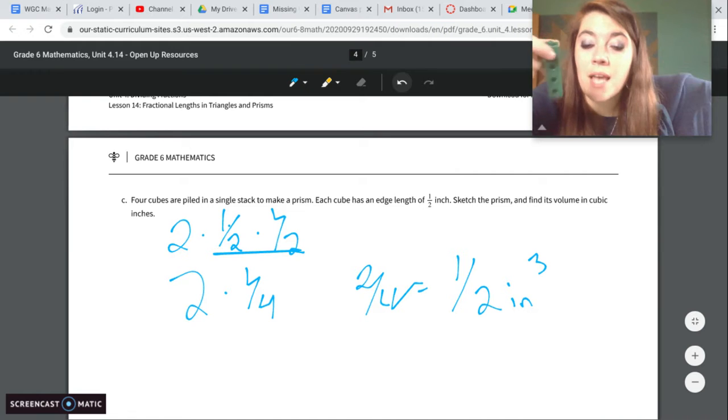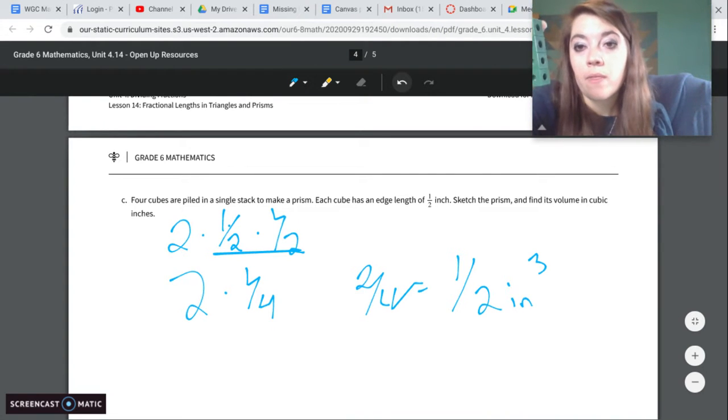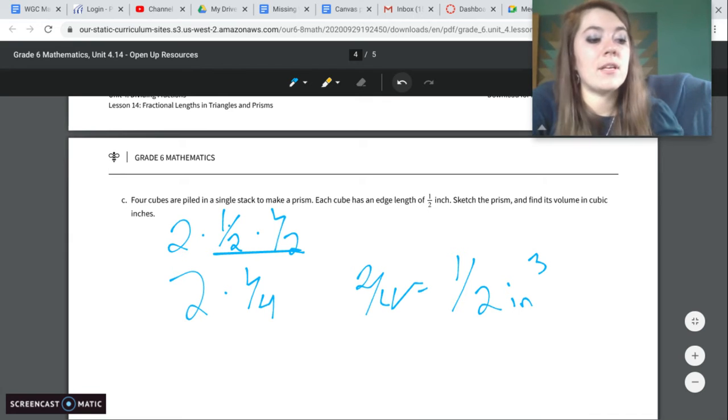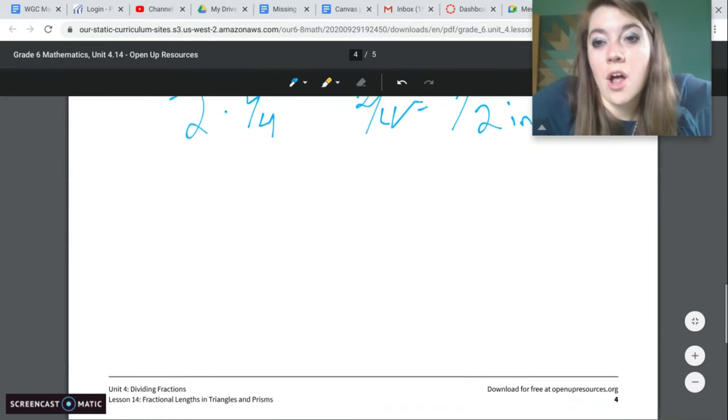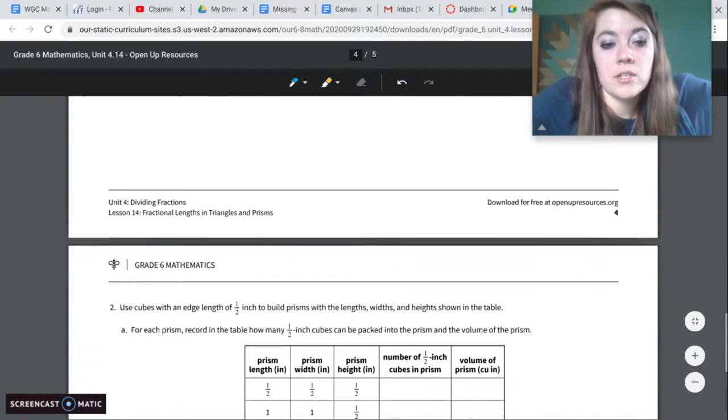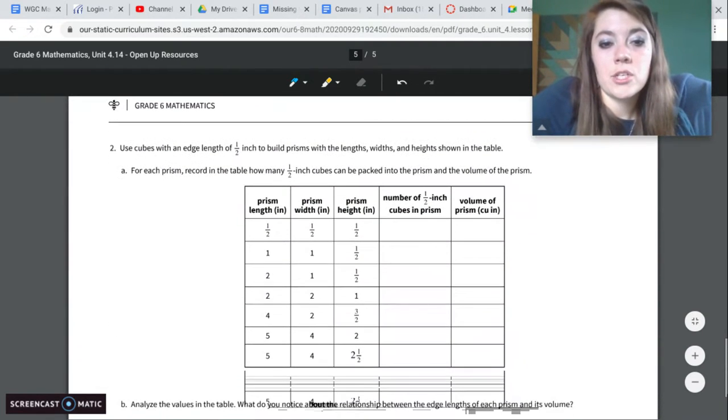When we put 4 of them together, multiply it by 4, then we can get our 1/2. 4/8 becomes 1/2 inches cubed. So keep that in mind. So once again, it's all about knowing how to multiply with these fractions and understanding their relationships.